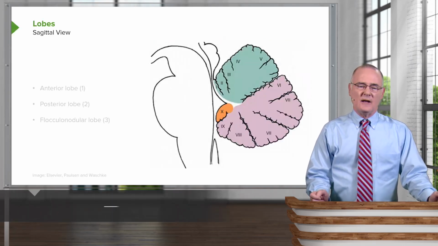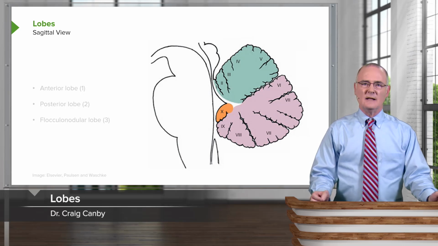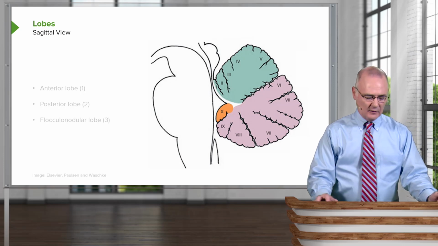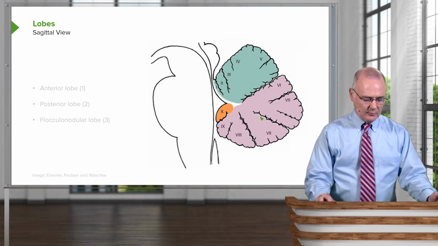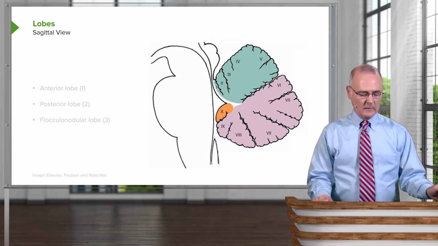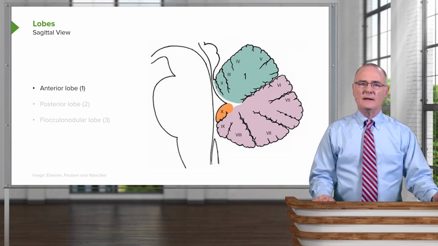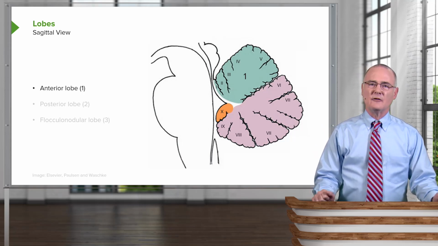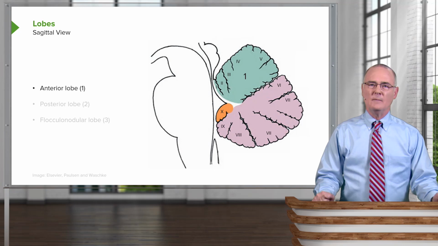Next, I want you to understand the fact that the cerebellum is divided into lobes, and we have a colored view of 3 lobes of the cerebellum. This is a sagittal view. The first lobe to identify is the anterior lobe, and it's identified by the number 1 in the light green area.